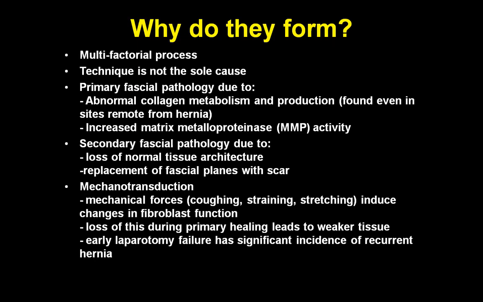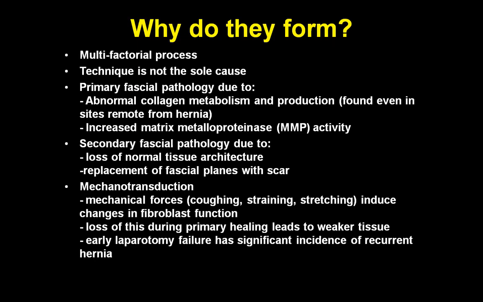They are primary and secondary fascial pathology. Primary fascial pathology is abnormal collagen metabolism and production and increased matrix metalloproteinase (MMP) activity.